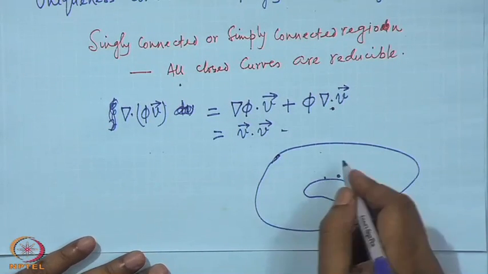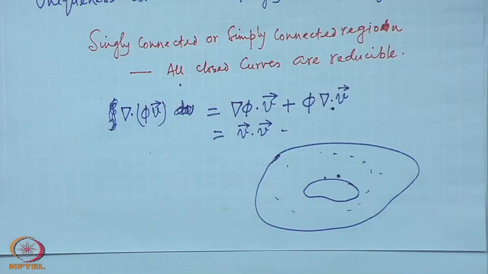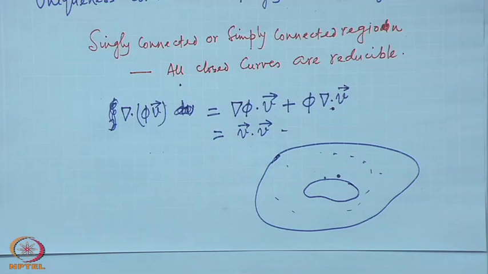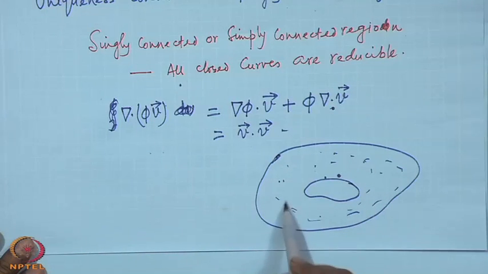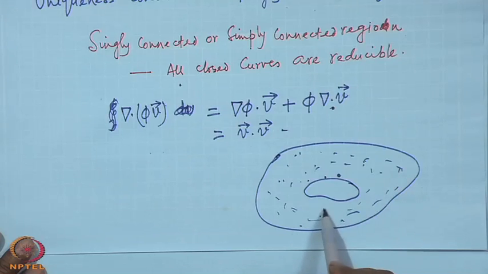So, this is the region that is occupied by the fluid, but the domain is singly connected. At least it is not 2 dimensional. 2 dimensional domains are never singly connected. So, it is actually 3 dimensional, just a representation. This is the fluid region. So, when we call the fluid domain, this is actually the domain, not this part.